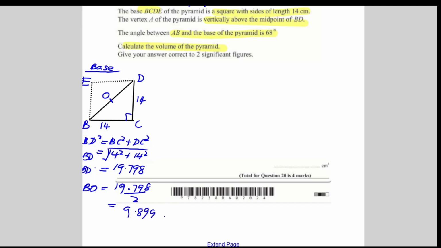So we have now BO. We have this length now.